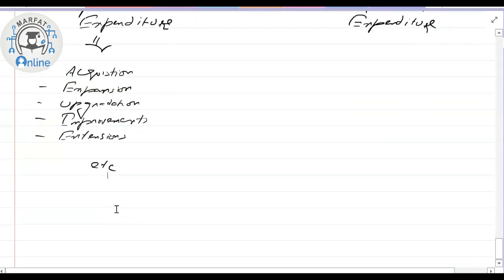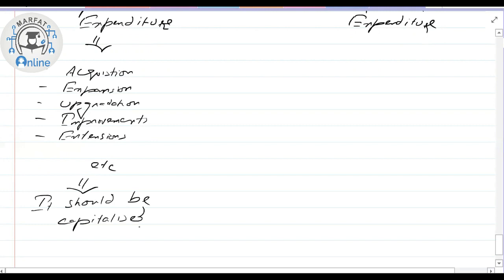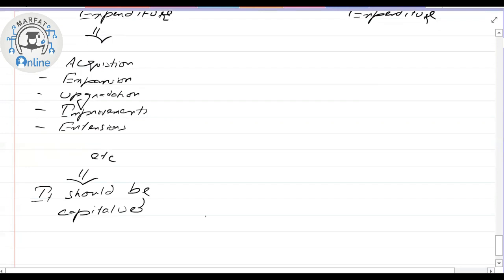So if the expenditure is of capital nature, then it should be capitalized. Now it is capitalized in the statement of financial position.